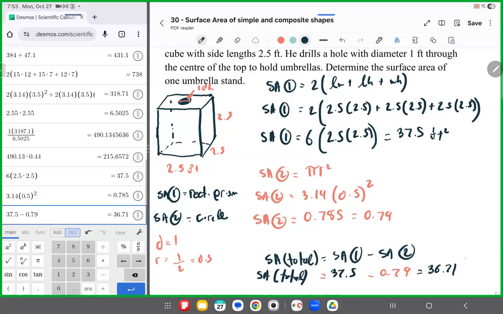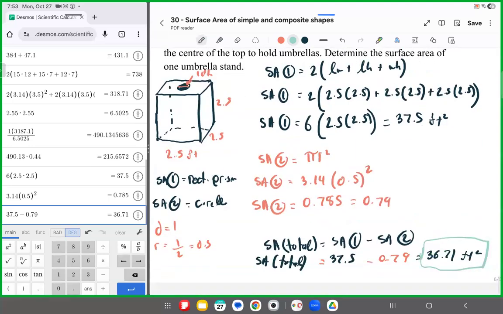And so altogether, this is how much material we'll need for one particular umbrella stand. So with that, that's a good place to stop for today.